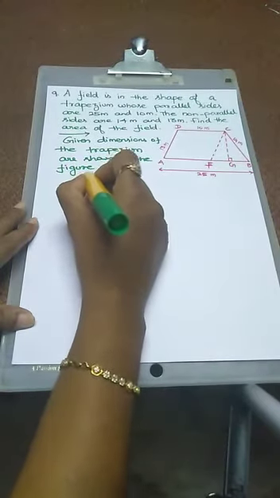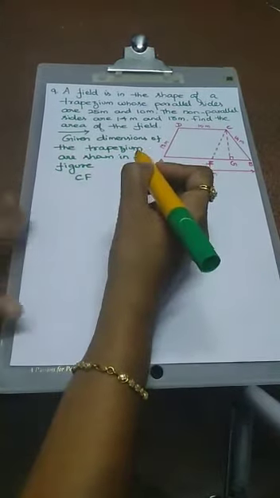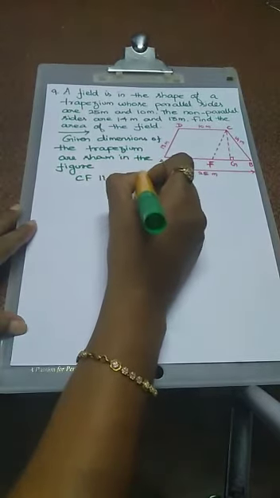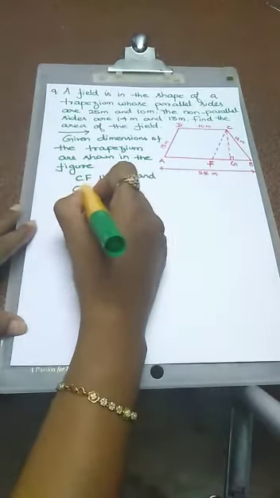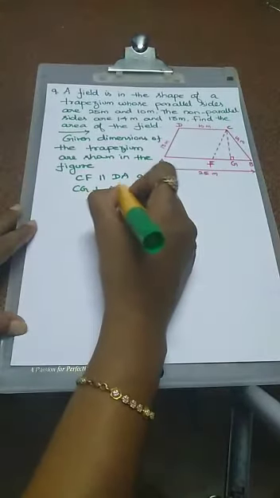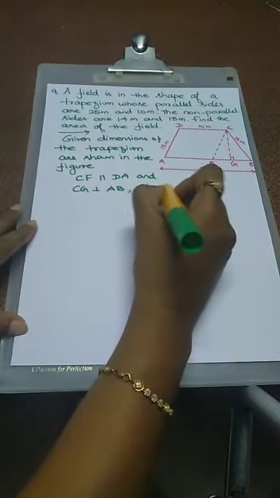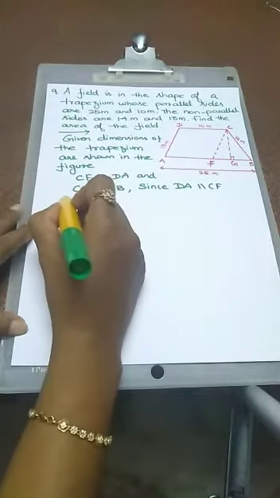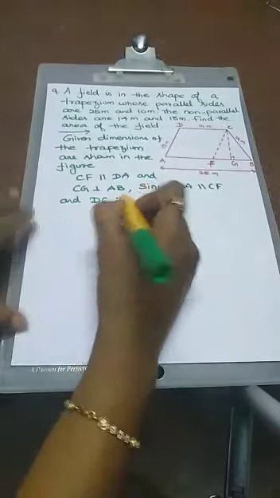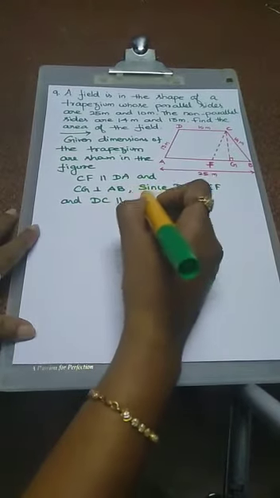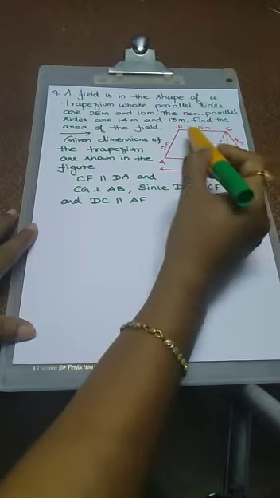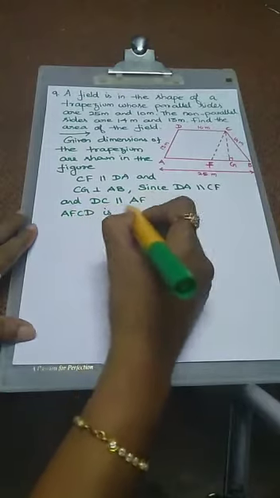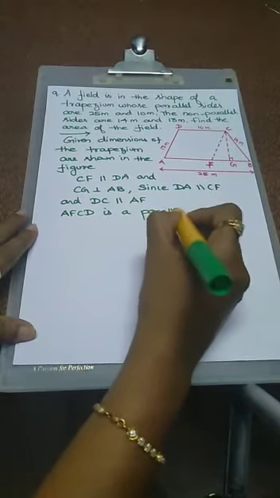Actually, a line CF is parallel to DA, and another one CG is perpendicular to AB. Since DA is parallel to CF, and DC is parallel to AF, now you just see this AFCD is a parallelogram.